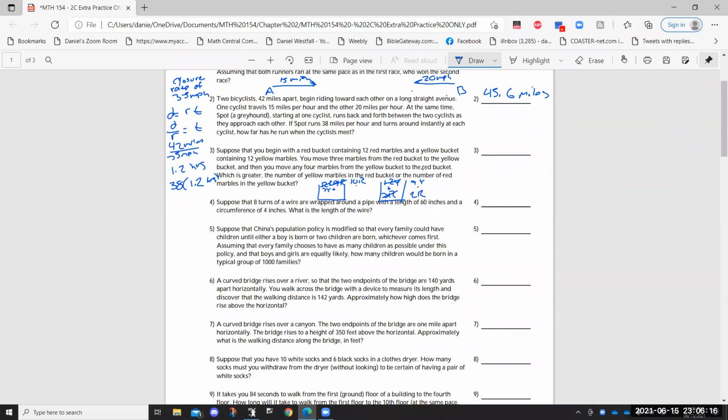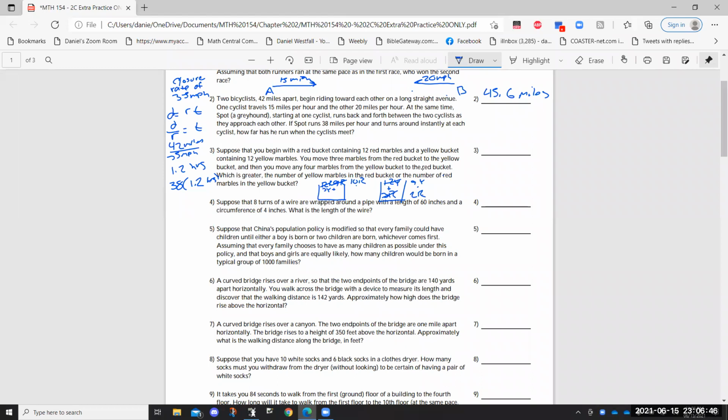So, which is greater, the number of yellow marbles in the red bucket or the number of red marbles in the yellow bucket? I think I said that backwards, but take a look here, that there's always going to be 1 more red in the yellow than there is yellow in the red. That's what I meant to say.